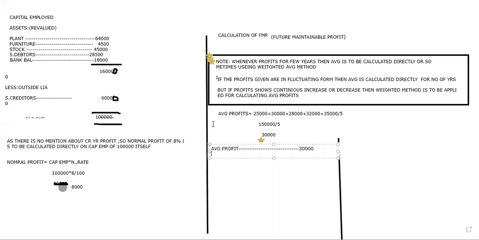From this, what is said, I'll read: included in these profits were non-recurring items averaging 3,000. But from the nature of business, such income was found to arise every year, he said.